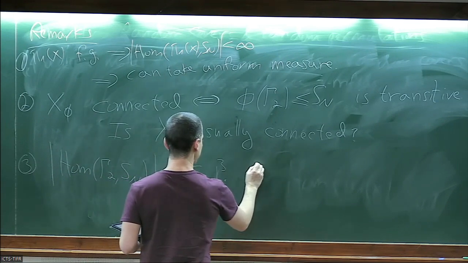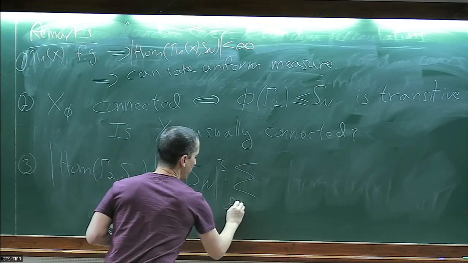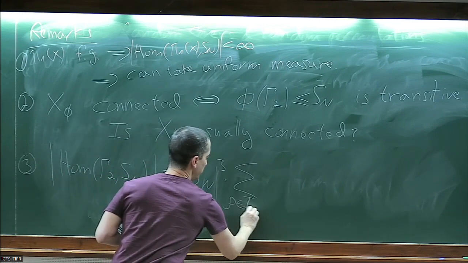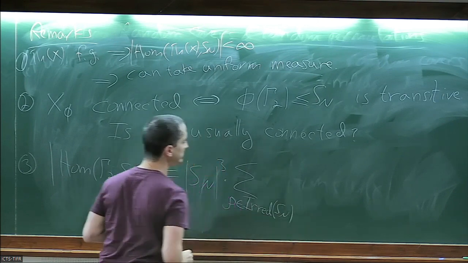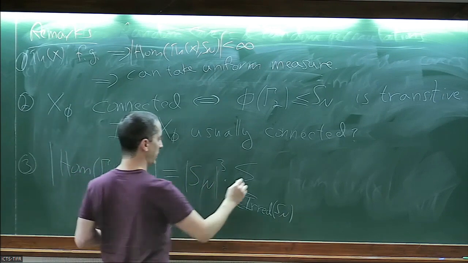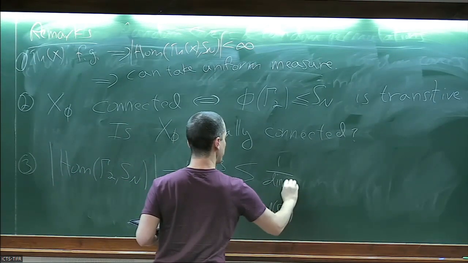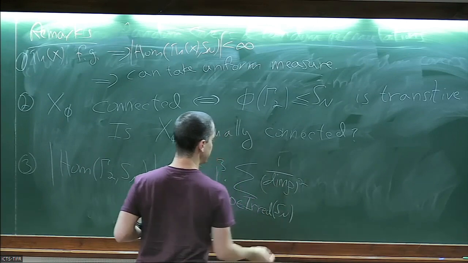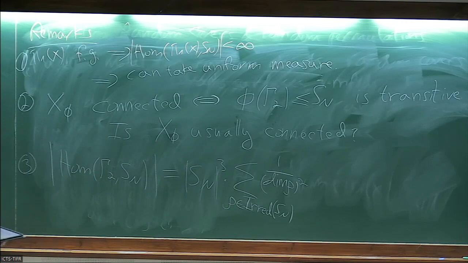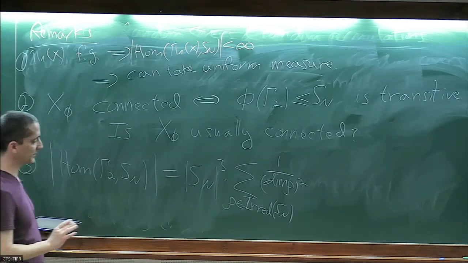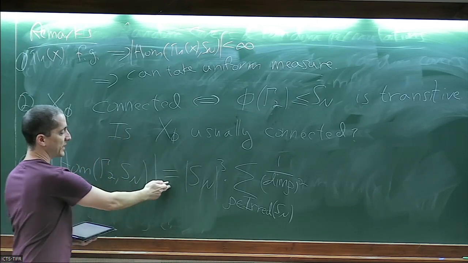It turns out that the error term comes from going over all irreducible representations of Sn, and you need to take 1 over the dimension of the irreducible representation squared. This is how representation theory magically comes into this. This equality has nothing to do with Sn actually.